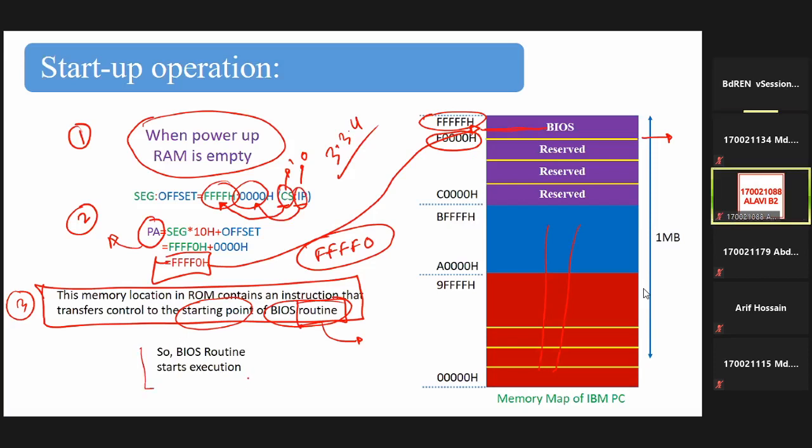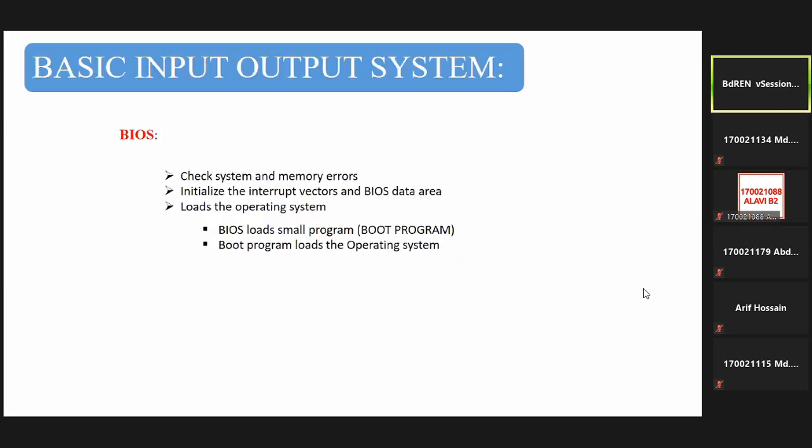Then the BIOS routine starts executing. If I go to the next slide, what does the BIOS routine do? It first checks the system and memory errors, then initializes the interrupt vectors of the BIOS and the data area.